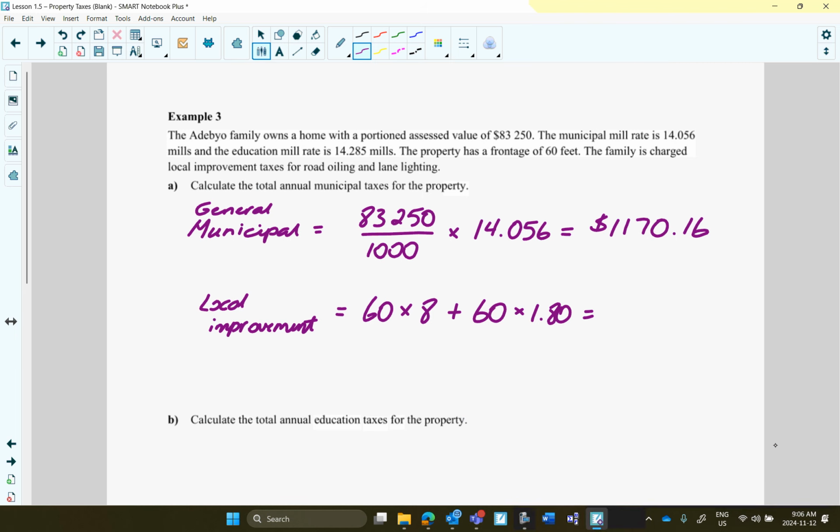That gives us $588. So municipal is going to be 1,170.16 plus 588, which gives us $1,758.16.